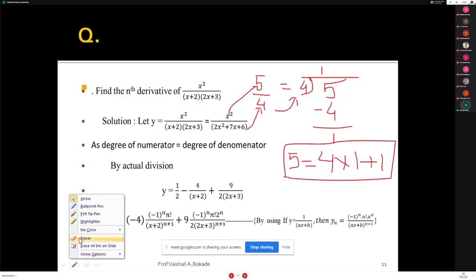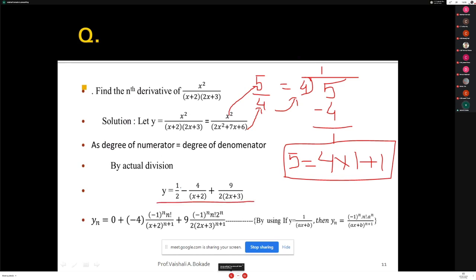Y is equal to 1 by 2 minus 4 upon x plus 2 plus 9 by 2 upon 2x plus 3. Now apply this formula for both the terms and you are getting these two terms here. And as 1 by 2 is a constant, the nth derivative of a constant is 0, I'm writing here.